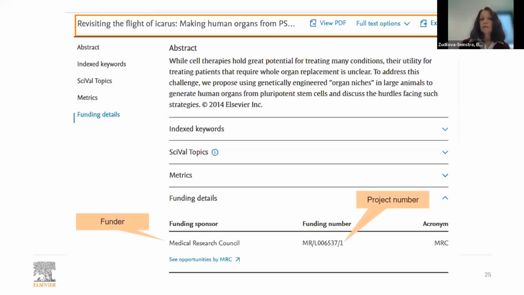What you also see on the screen is a little link at the bottom which says see opportunities. This links to our sister product, which is called Funding Institutional, and there you can click and go to the website and see if there are any grant applications open right now, which you could potentially be interested to submit.